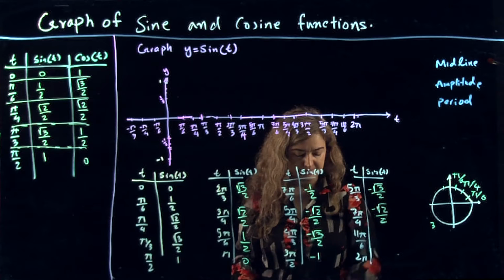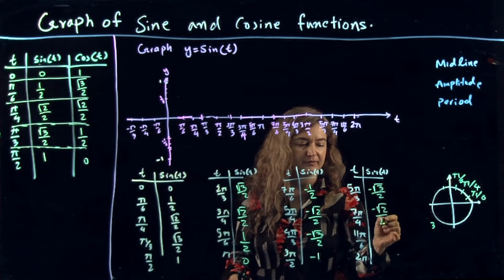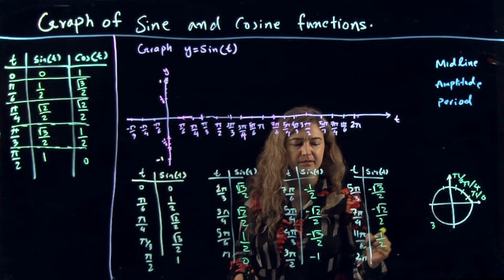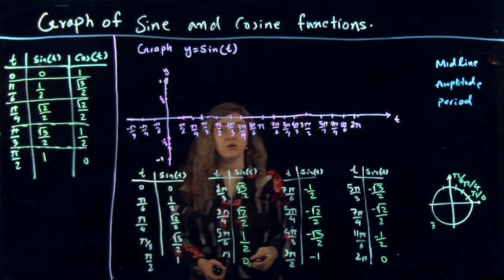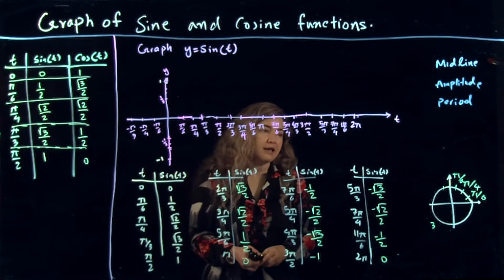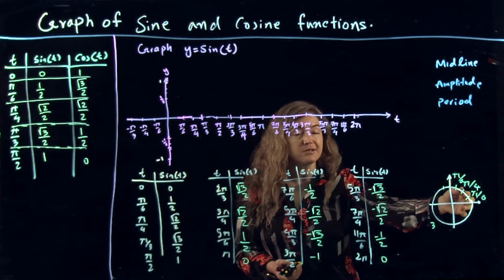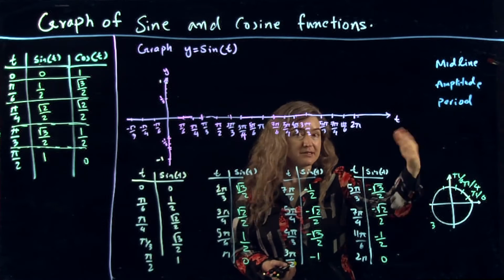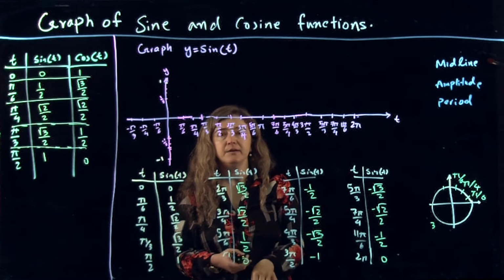Denominator 6 is negative 1/2, and 2pi becomes 0. And I know that if I go round and round the unit circle, I repeat the same process. That's why the sine function is periodic.